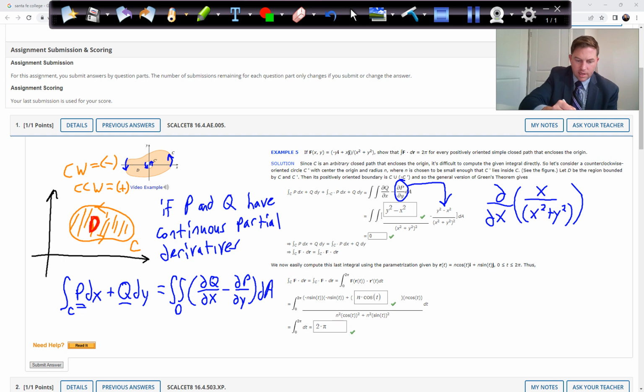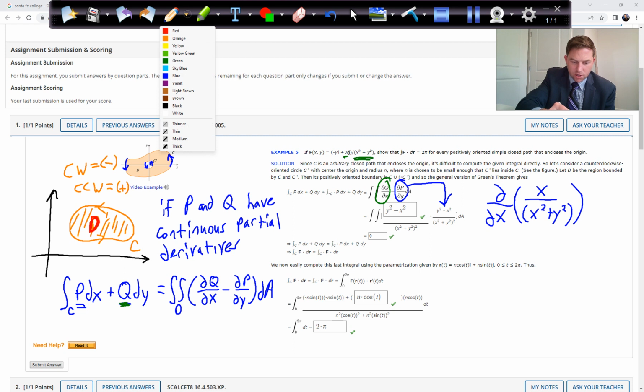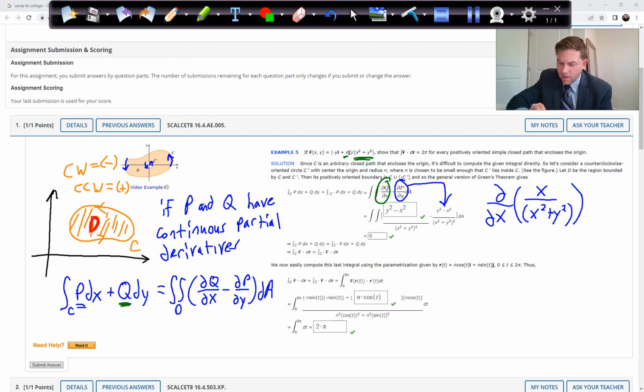So again, let me point that out. We're taking dQ dx. Q is the term in front of the j term, and in this one it's going to be this x and this entire denominator. So if we take the partial of this formula with respect to x, we have to do this as a quotient rule.